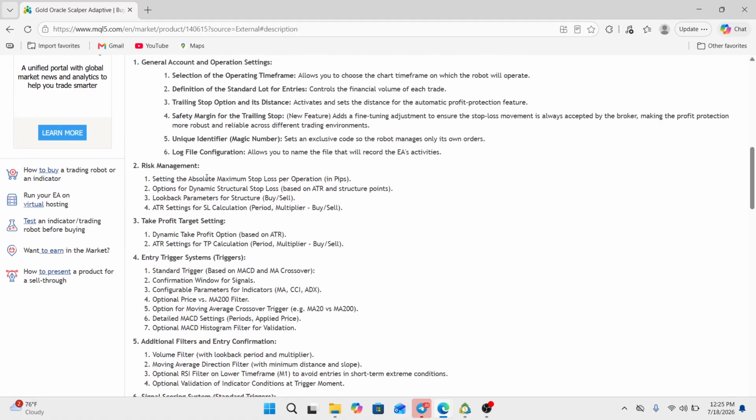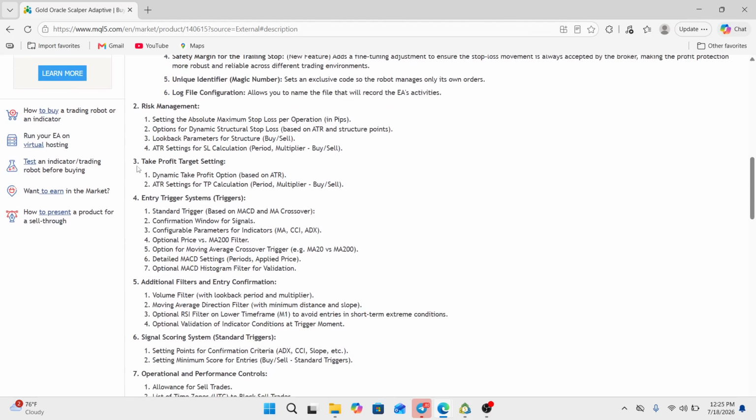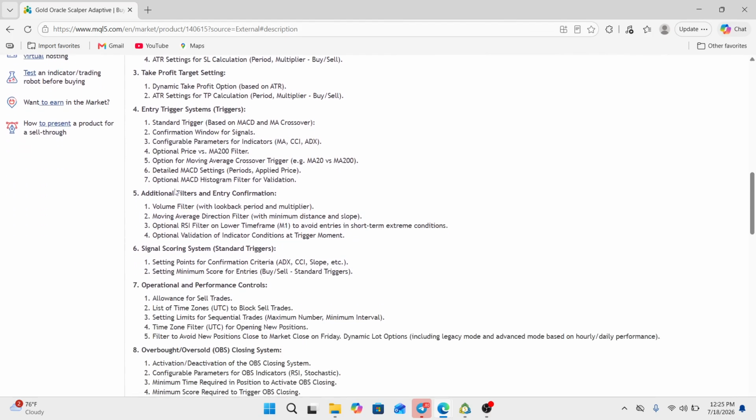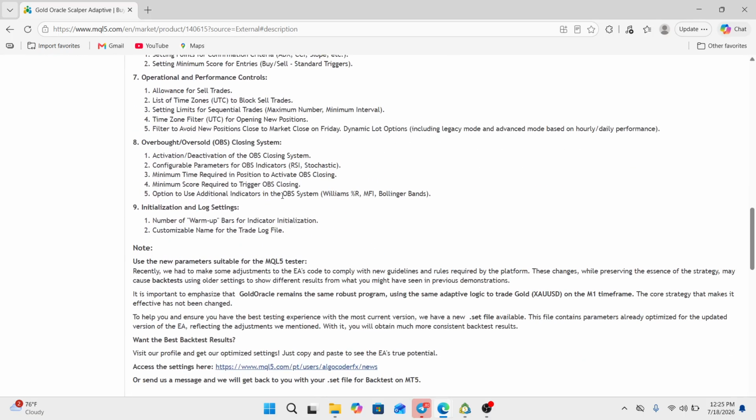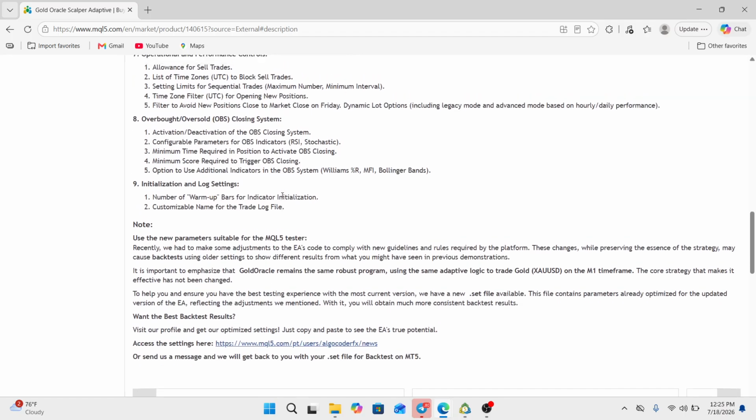We also have the risk management, which includes setting the absolute maximum stop loss per operation, options for dynamic structural stop loss, look back parameters for structure, and ATR settings for calculation. We also have the take profit target settings, entry trigger systems, additional filters for entry confirmation, and we have quite a number of those.